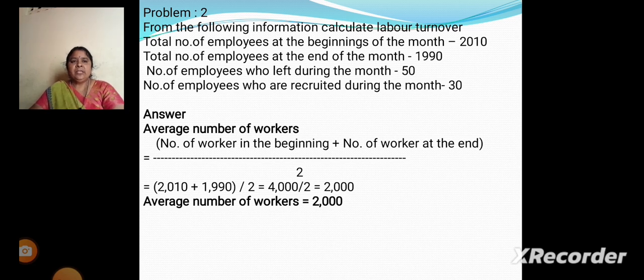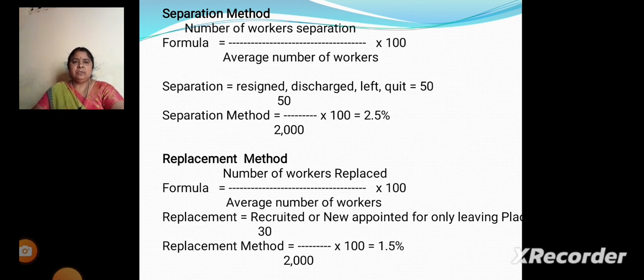Okay. Then we write the separation method. The separation method formula equals number of workers separated divided by average number of workers, into 100. Separations include resigned the job, discharged from the job, left the job.